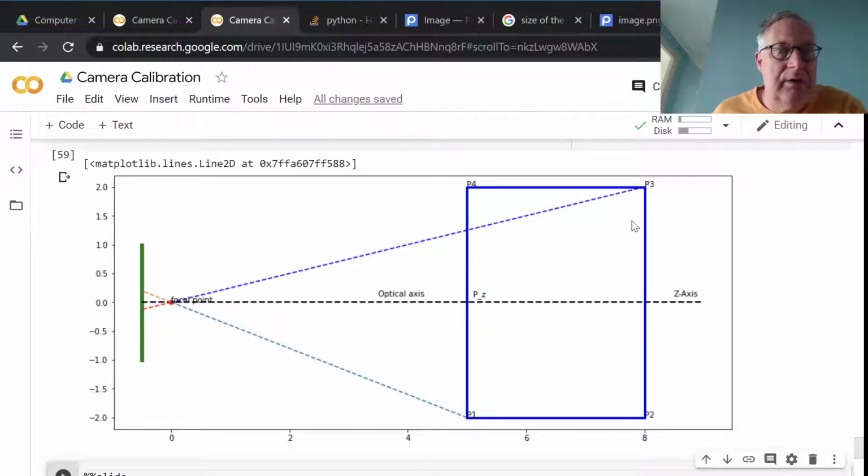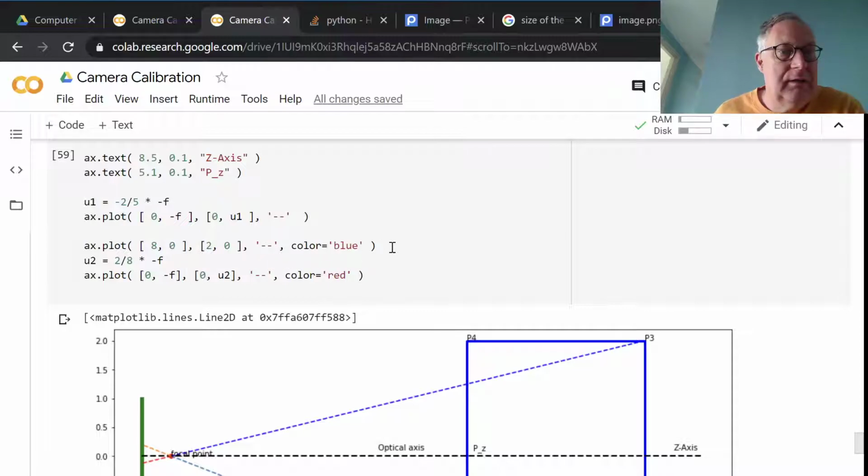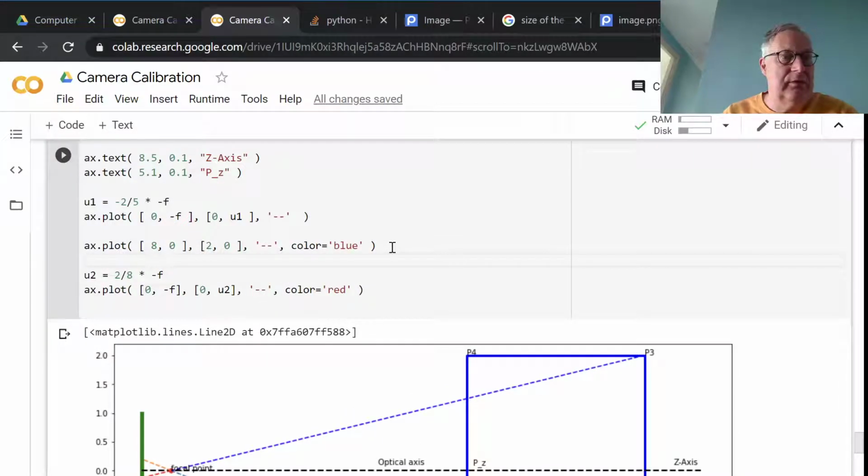And now this is the projection of point P3 onto the image plane. So I can plot the coordinates.